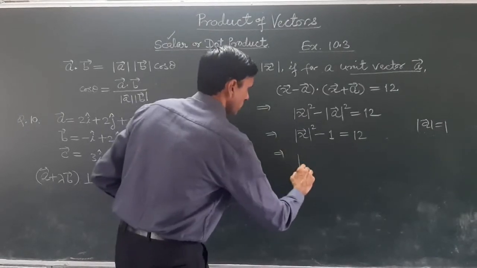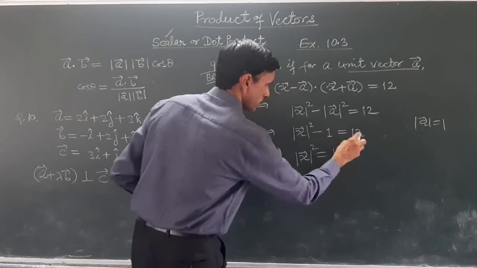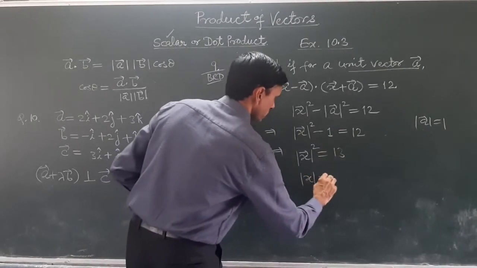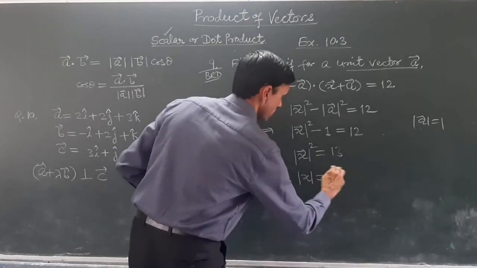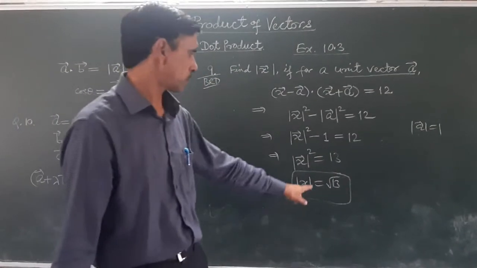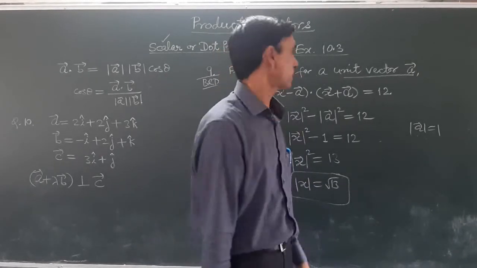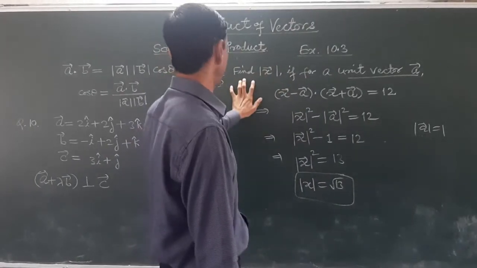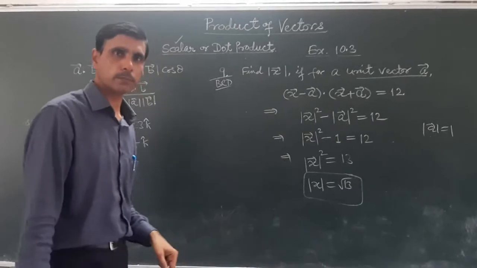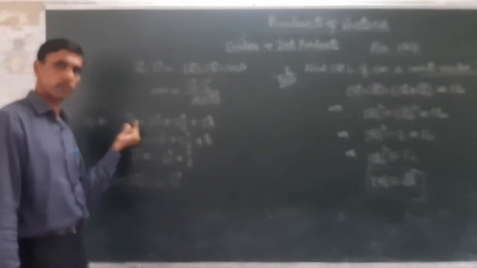This implies magnitude x square is 13, and magnitude x is under root 13. This was the question for 1 mark. Plus minus नहीं लगाना है, मैग्नीट्यूड है, नेगेटिव नहीं.